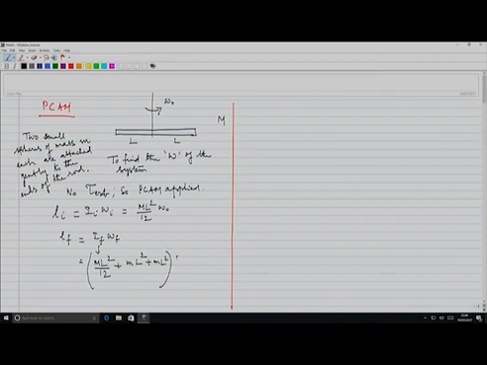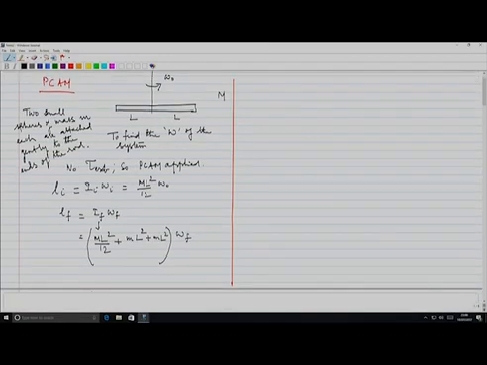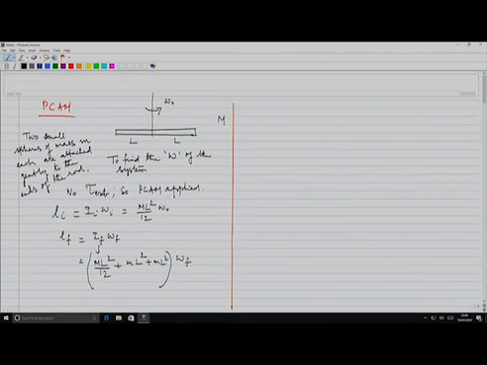This whole thing will act with omega f. If we equate these two, you will get omega f is equal to ml squared by 12 divided by ml squared by 12 plus 2ml squared, times omega naught.